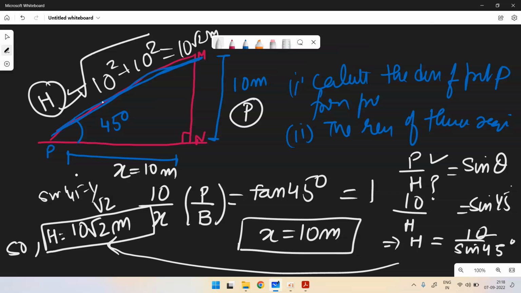So in this way, without measuring the length, by trigonometry you can find the height of a pole, the length of a thread, the distance of a point from a pole or from a tree, and so on. You can find any of these.